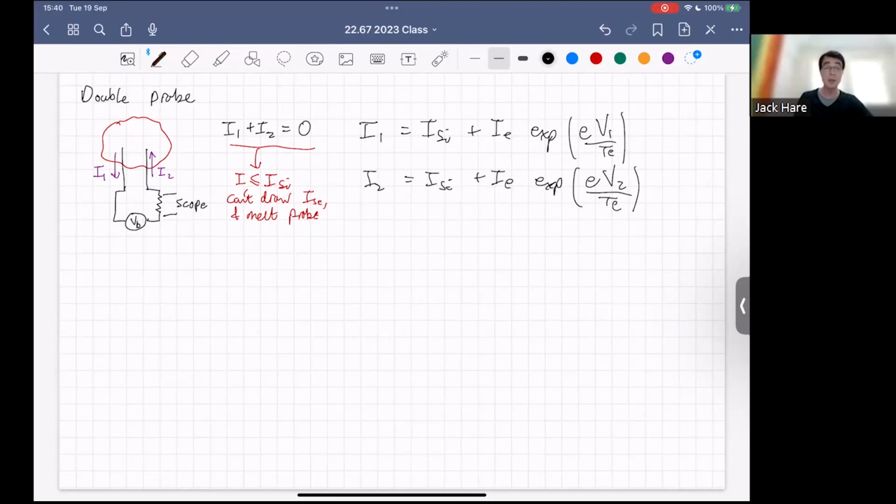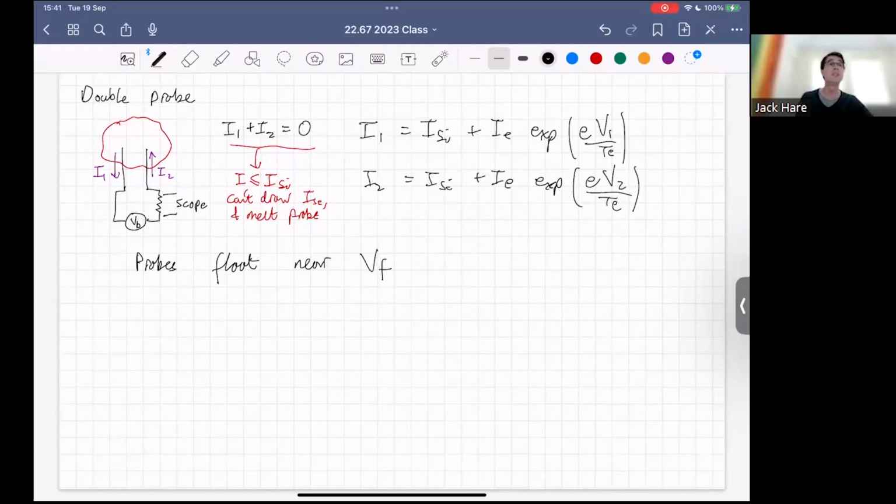So then what we do is we continue and we say we've got these equations separately for I1 and I2. We've got this equation that links I1 and I2 together. And we're also going to operate this so that the probes are floating near the floating potential.